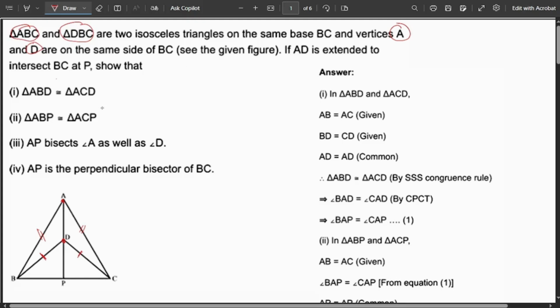If we extend AD to BC, which intersects BC at P, now we have to prove that triangle ABD is congruent to triangle ACD, this upper small triangle and this upper small triangle.